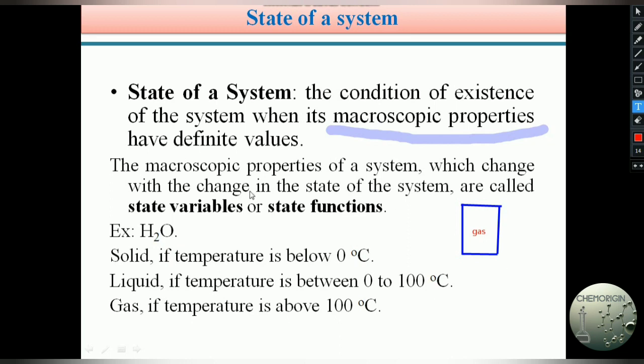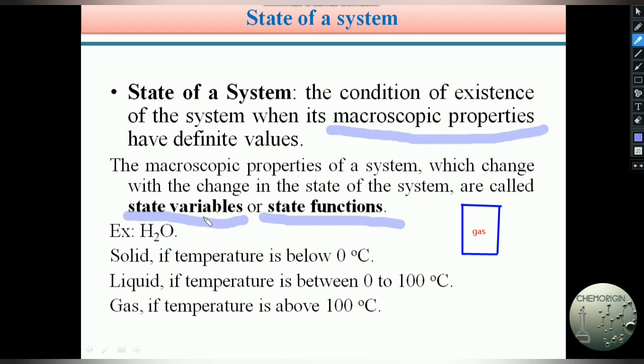The macroscopic properties of a system which change with the change in the state of the system are called state variables or state functions. Suppose you change the state of a system, these also change. Those parameters are known as state functions or state variables, because by changing the state of the system, its properties also change.